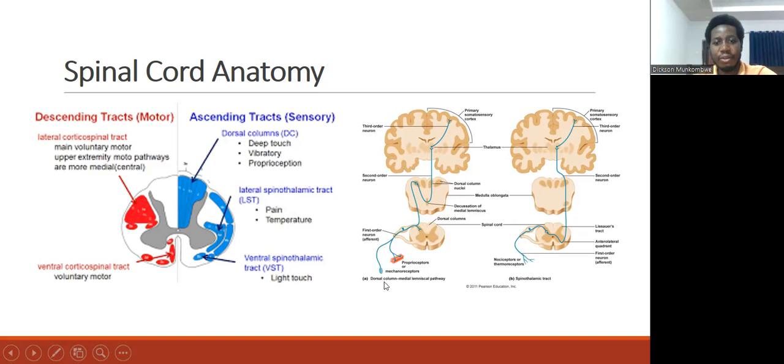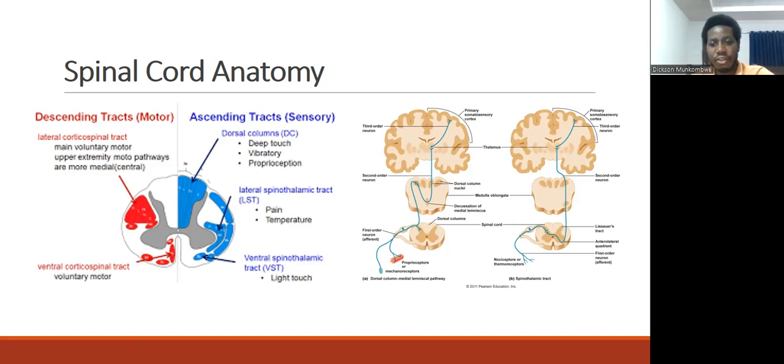That's the first one, where the sensory information which travels from the periphery, it could be from the toe or from the fingers for vibration and proprioception mainly, enters the spinal cord on the same side, ascends up to the level of the medulla and crosses over to the opposite side and goes to the primary sensory cortex of the opposite side.